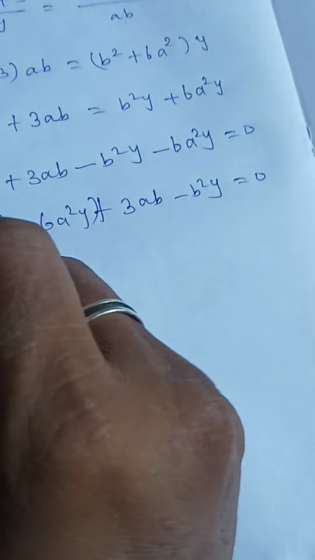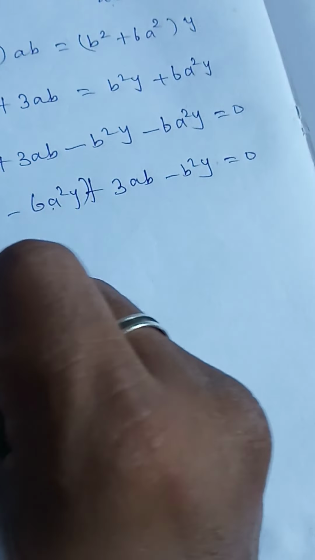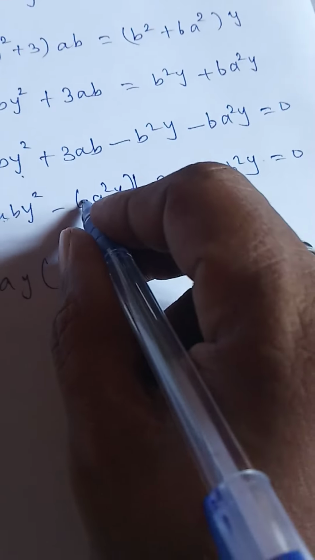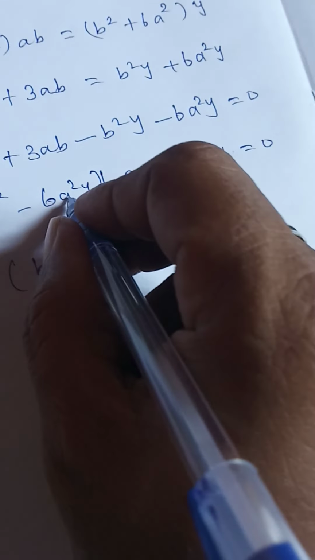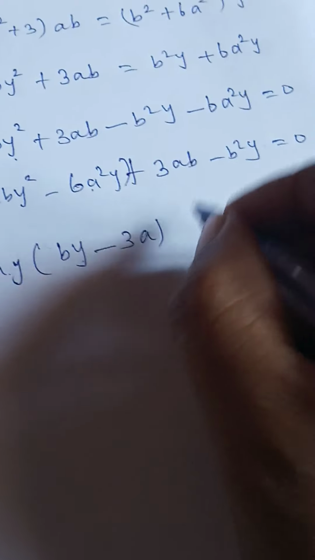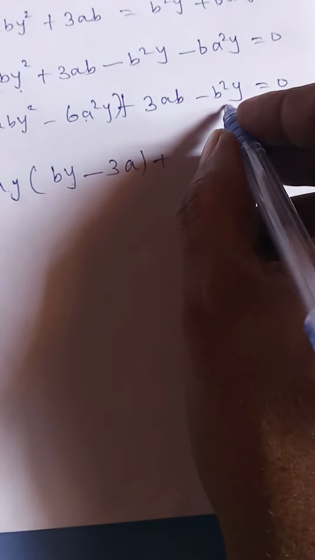In the first two terms, 2a is common and y is common, 2ay. The remaining is by minus 3a. In the other two terms, 3ab minus b square y.